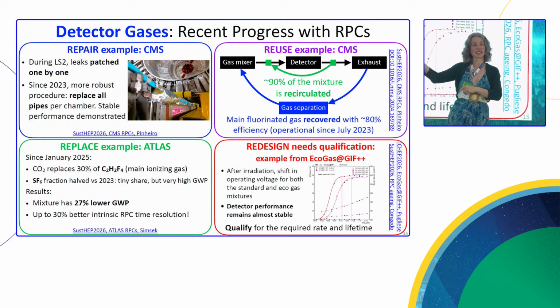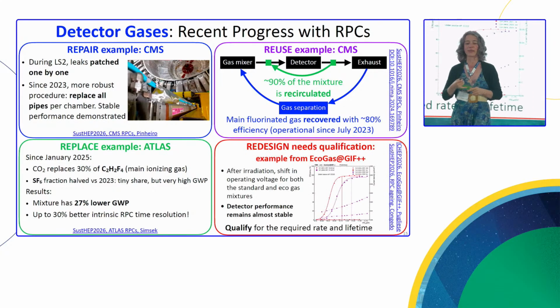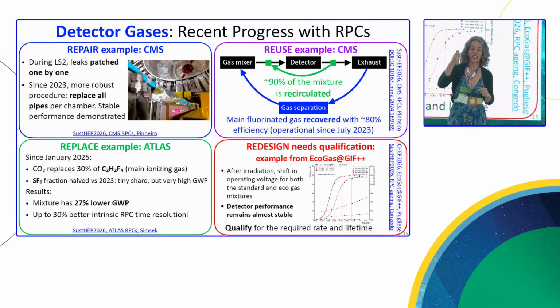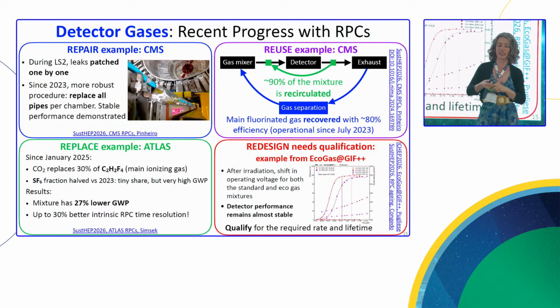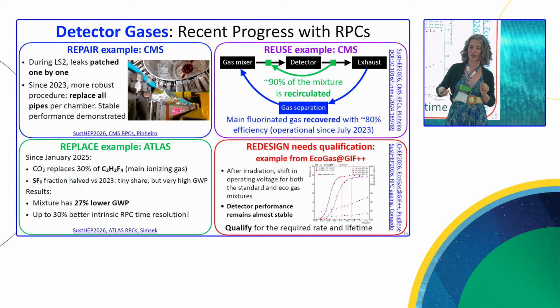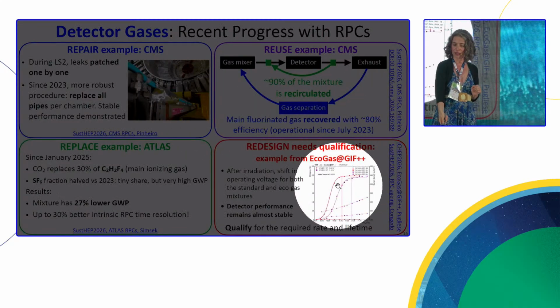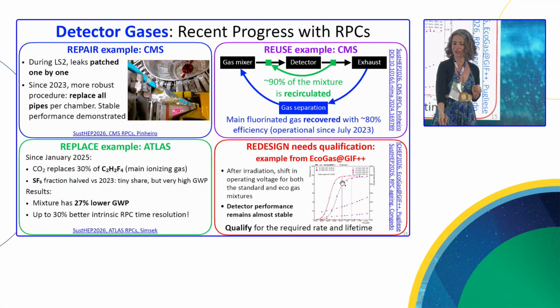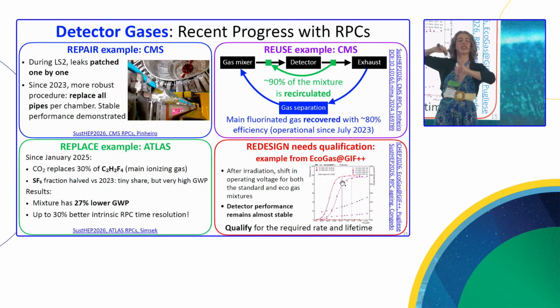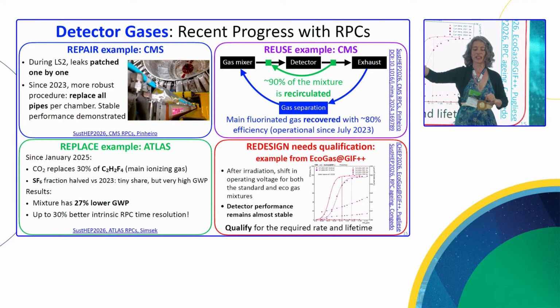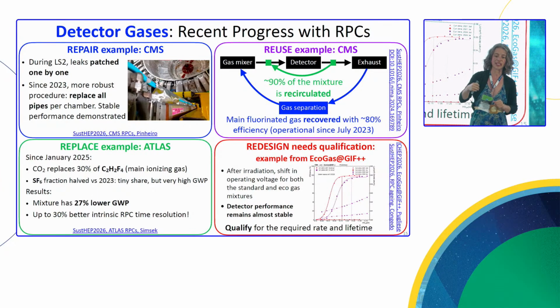And my last example is of redesign. This is from the EcoGas at GIF++. Here, redesign needs qualification. After irradiation, folks at GIF++ have shown basically that you have a shift in the operating voltage. So you can see from the plot, these two curves at the top, the turn-on curves have shifted with respect to the high voltage thresholds.